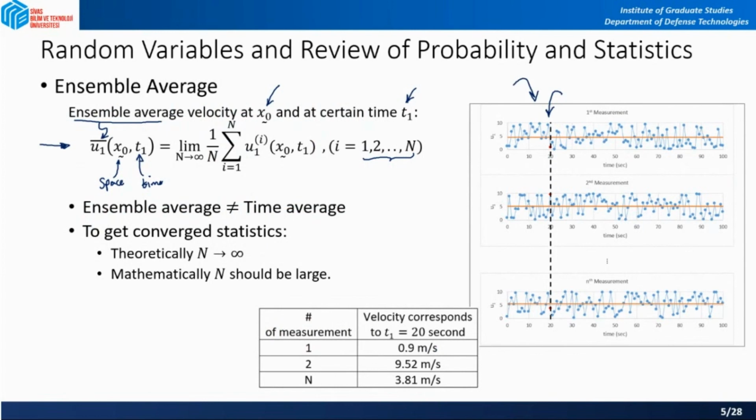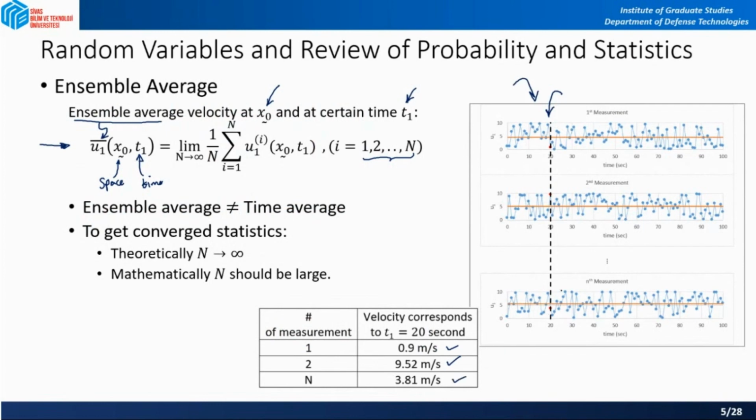So for example, what I got from the data sets for the first measurement, the velocity at t equal to 20 seconds, is equal to 0.9. For the second measurement, again at the same time, the 20th second, the velocity is 952. And for the last measurement, n equal to 1000, I got 3.81. These are all examples, okay?